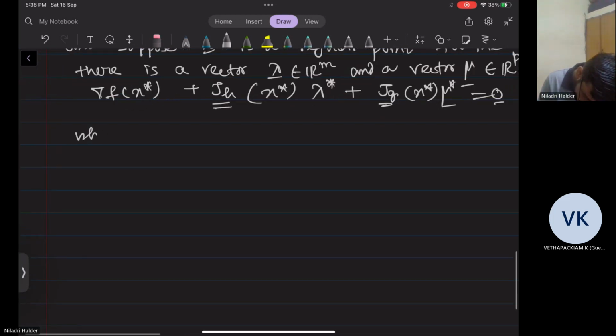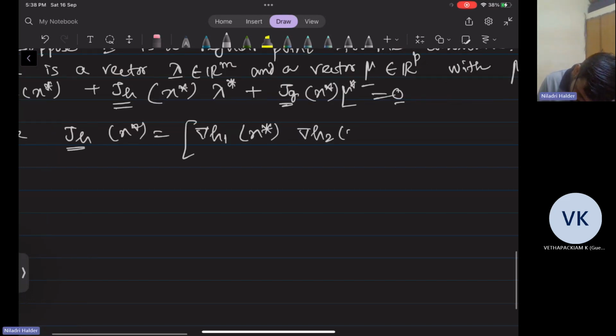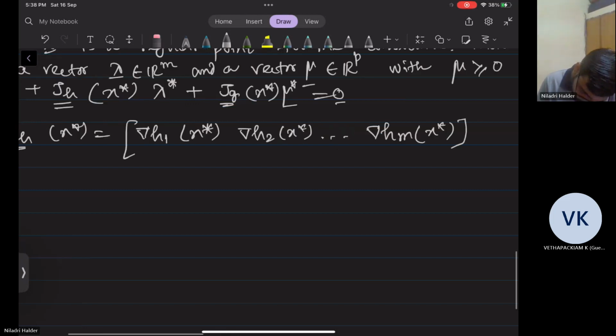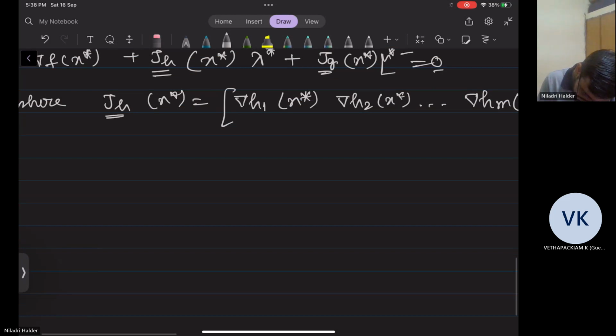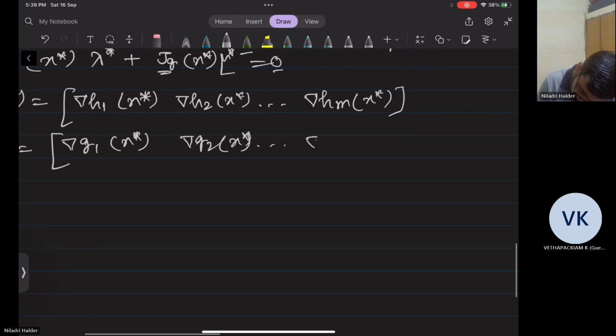Where Jh of x star is the matrix of gradient h1 of x star, gradient h2 of x star, up to gradient hm of x star, and Jg of x star is the matrix of the gradients of g1 of x star, g2 of x star, up to gp of x star.